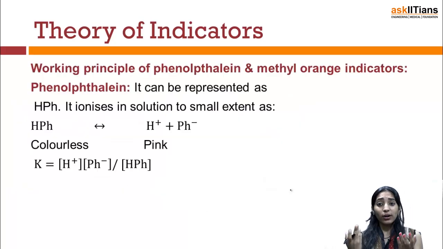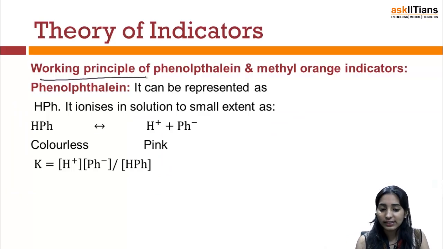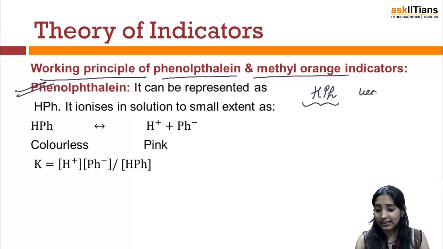Now, knowing what happens when we deal with indicators, let's study the working principle of the phenolphthalein and methyl orange indicators. First, the phenolphthalein indicator, which is generally represented as HPh, and it acts as a weak acid.